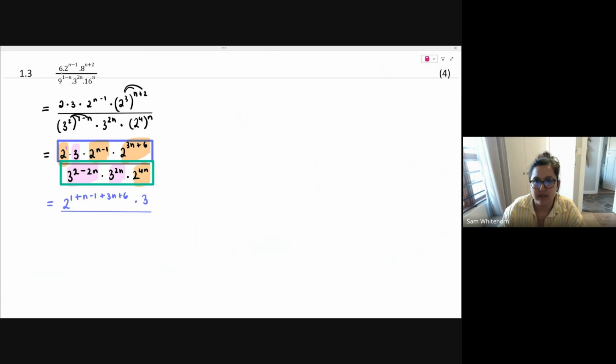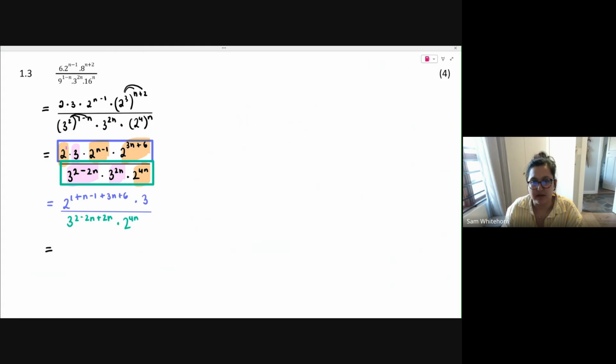So when simplifying this, I've got 3 to the power, and again, in my denominator, I'm multiplying. So 3 to the power 2 minus 2n plus 2n, and then I still have that times 2 to the power 4n. Again, yes, you absolutely could do all of the multiplication and division at once, but I'm not going to because I don't want to make a silly mistake.